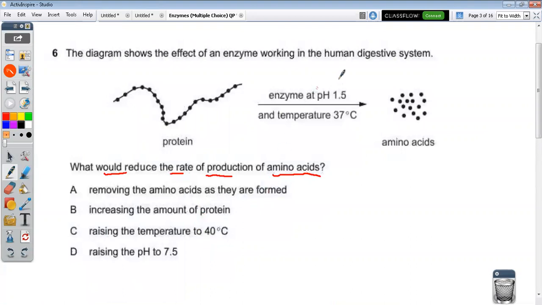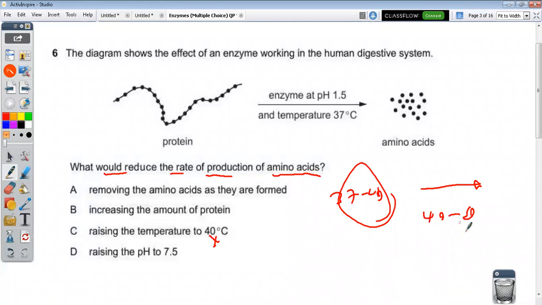Some were saying this, but that's not correct, because we said at 30 to 40 it's okay. The moment you are above 40, at 40 to 50, it becomes slow. After 50, you denature the human digestive enzymes. So it's not correct to say that raising to that is still okay. Now look, what's the pH here?